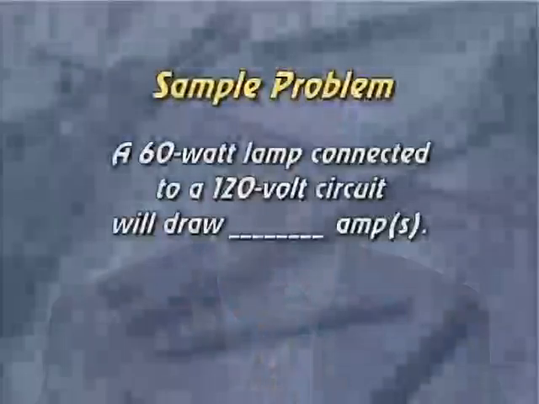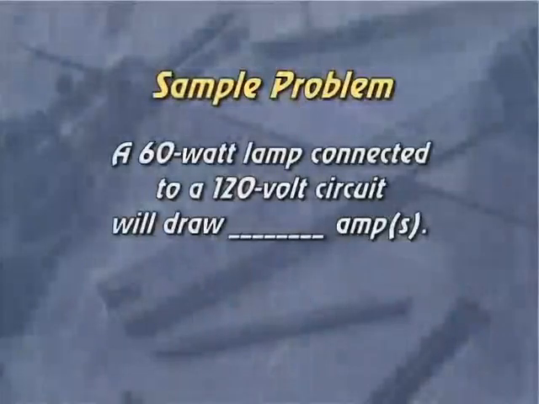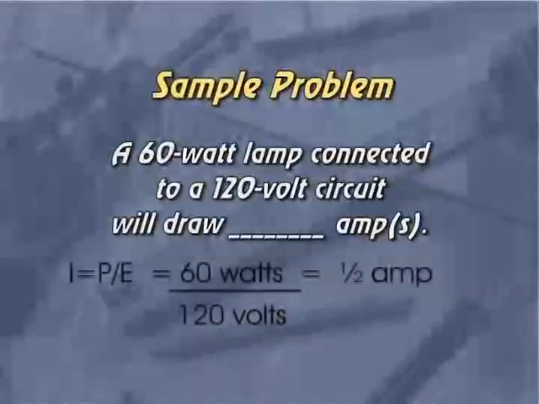A 60-watt lamp connected to a 120 volt circuit will draw how many amps? So you use the formula I, or current, equals power divided by voltage. You put in your power, which of course is 60 watts. Under that you put your voltage, 120 volts. Do the division, you end up with a half an amp, typically shown as 0.5 amp.